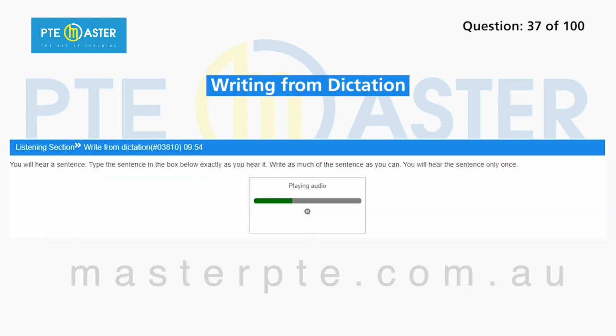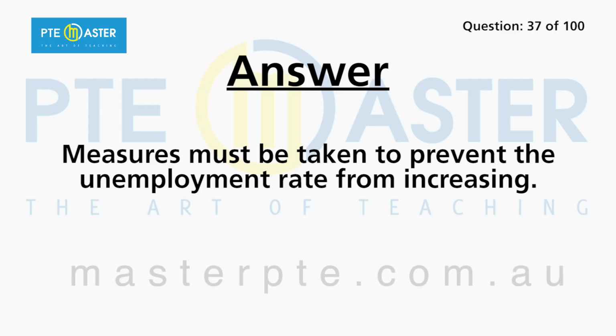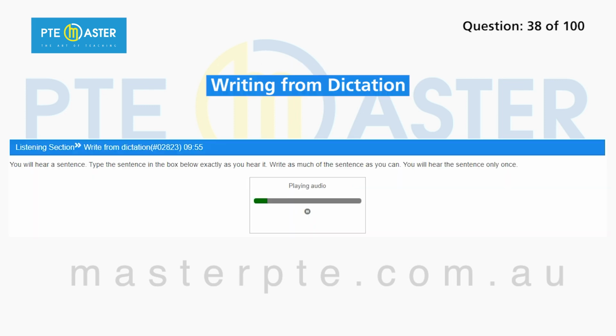Measures must be taken to prevent the unemployment rate from increasing. A laptop has been found at the biology lab.